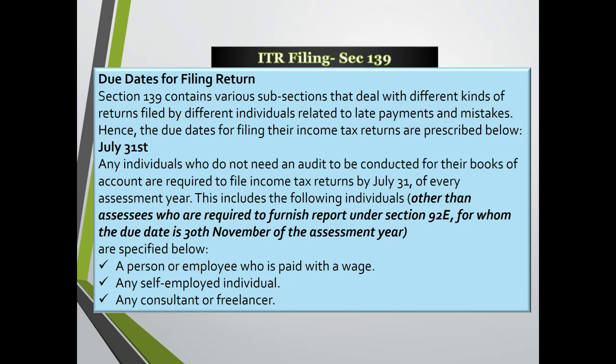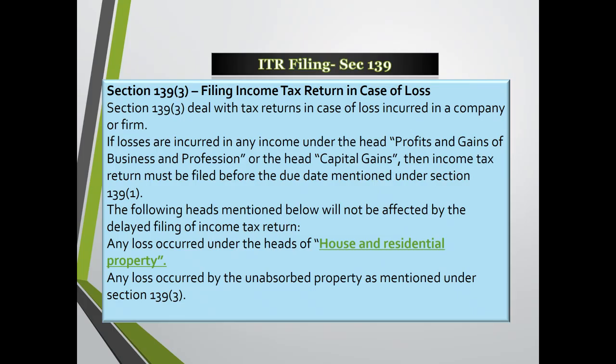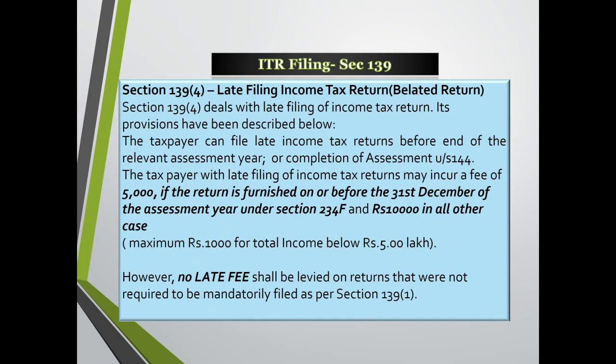Due dates for submitting the return: 31st July, 31st October and 30th November. In case of loss, it has to be submitted on or before the due date under 139(3), we were discussing. Then for late filing of income tax returns, belated returns, this would be done. How these things are done we were discussing.